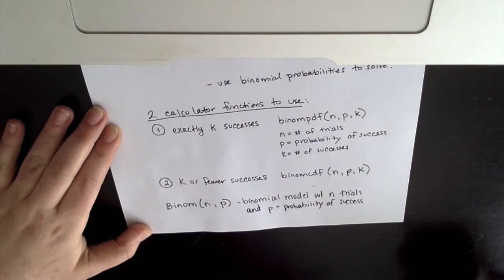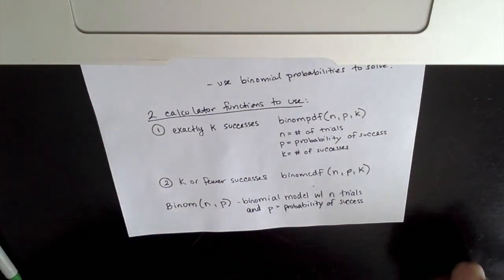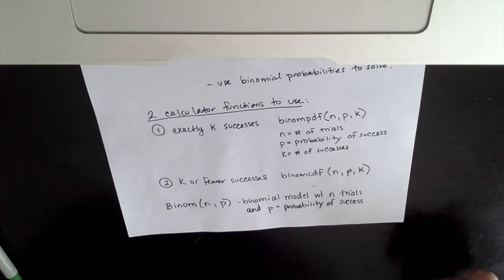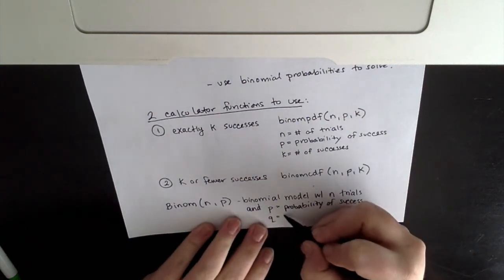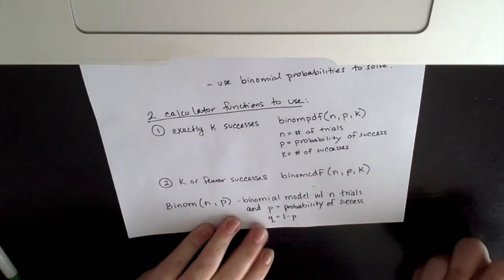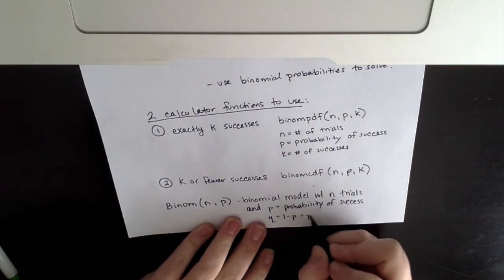Because we only have the option of success or failure, we also have a letter to denote the probability of failure. So we use the letter q, and we do 1 minus p as the probability of failure.